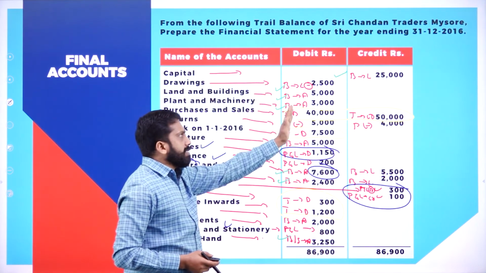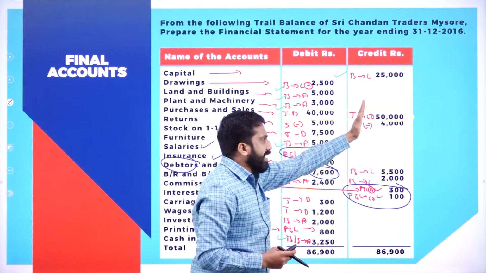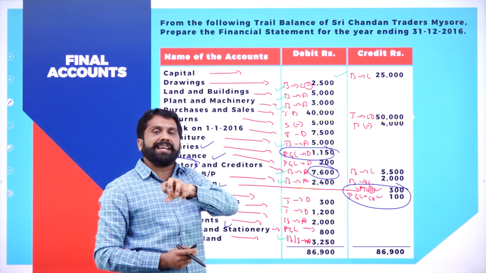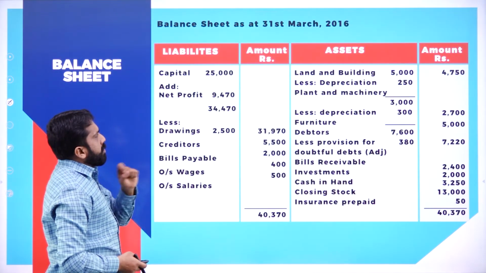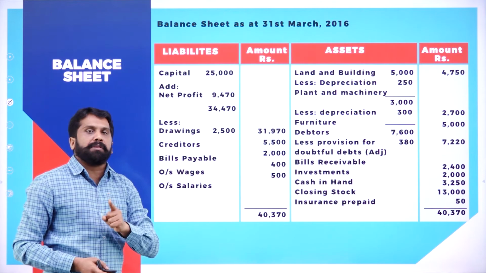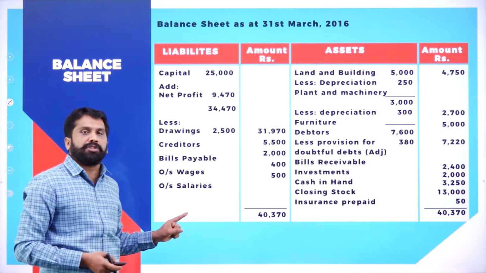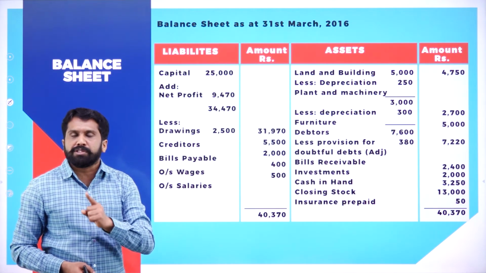If it is on the debit side, it should come under asset. If it is on the credit side, it should come under liability. Only take balance sheet items. Now, this balance sheet I will give you as homework. You have an answer, take a screenshot, but without seeing this format, you have to solve.